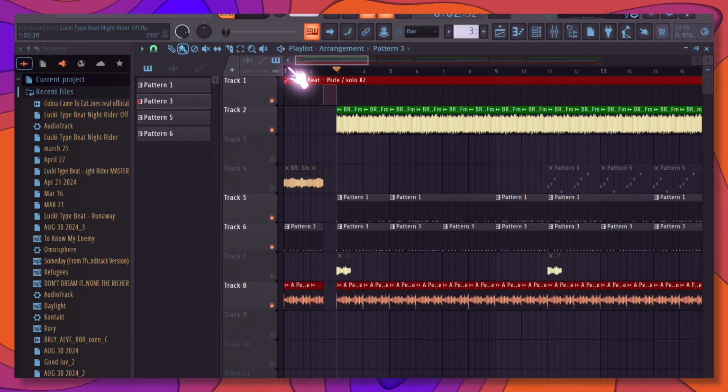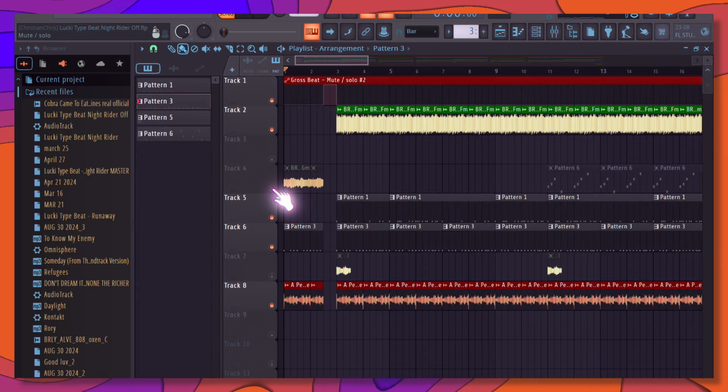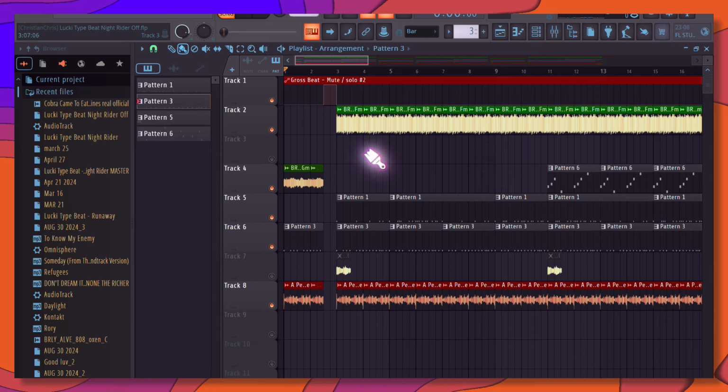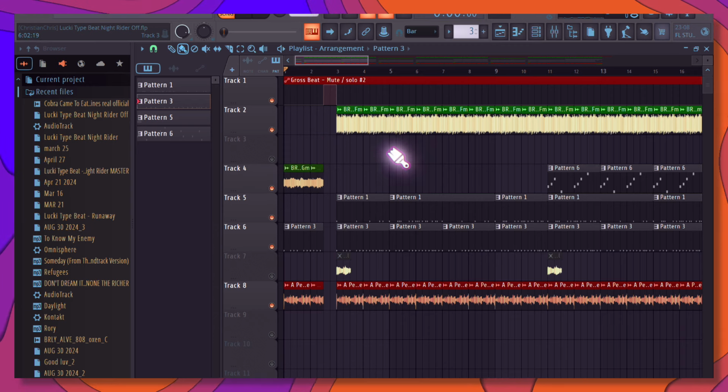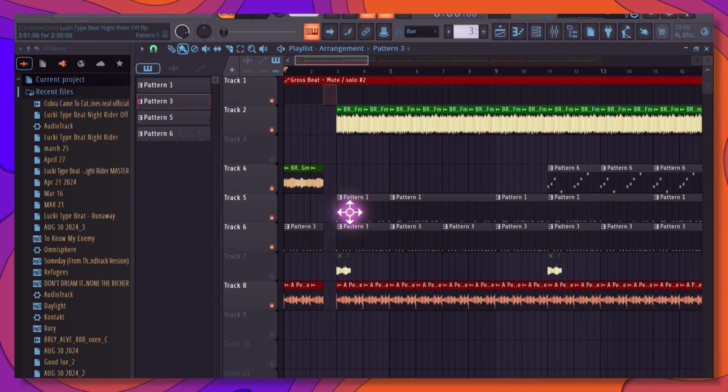But I'm going to play it from the back, and all I did was this part right here is just that same pad, but a different part of it. So find an ambient sample, and once you have the ambient sample and you get the drums right, you're pretty much set to go.